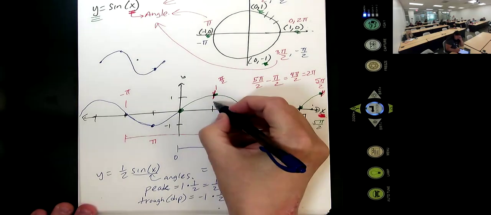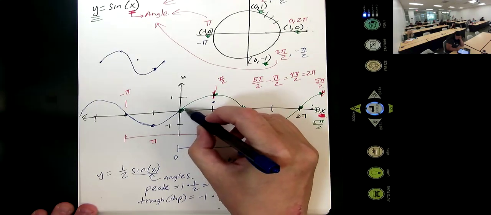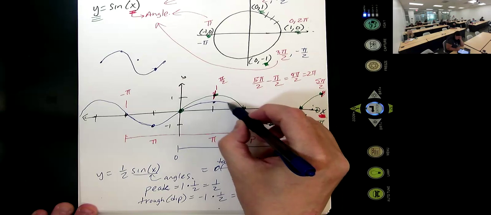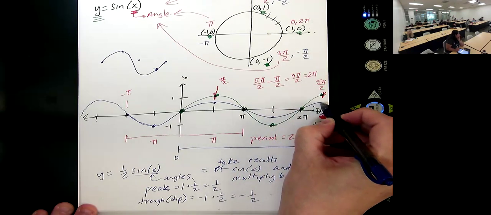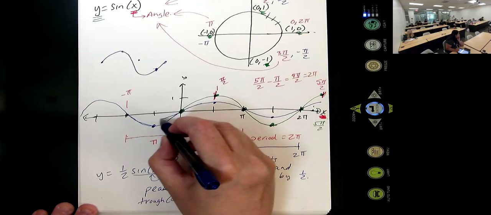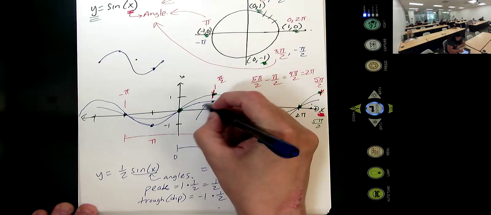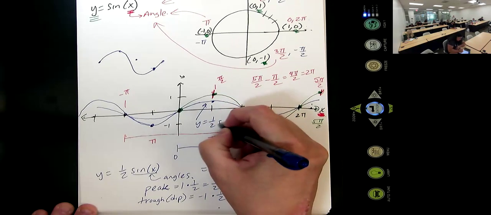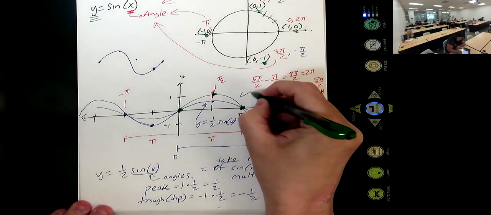It decreases how far up and down they go, but the zeros still stay the same. So that is y equals 1/2 sine x, and my green one is y equals sine x.